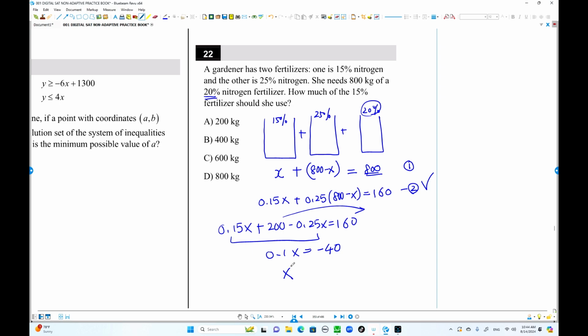So when you divide by negative 0.1, the value of x is 400, okay? So this amount of volume is 400, another one is 400, total is 800, okay? So 400 is the answer.